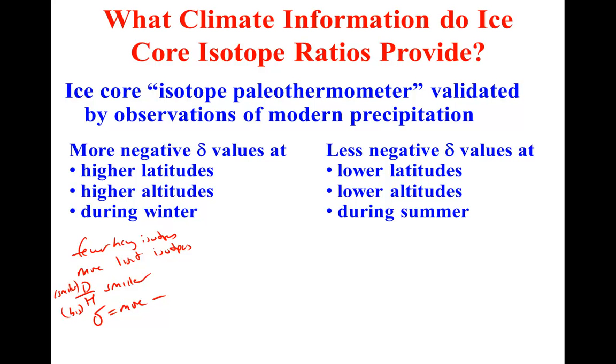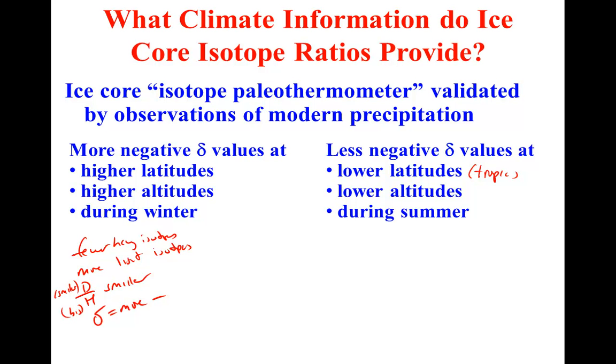The reverse is true when we make isotope measurements on snow falling at warmer temperatures. For example, in the lower latitudes, when we measure precipitation in the tropics, we have more heavy isotope in that precipitation. When we measure precipitation falling at lower altitudes, again, more heavy isotope at warmer temperatures.